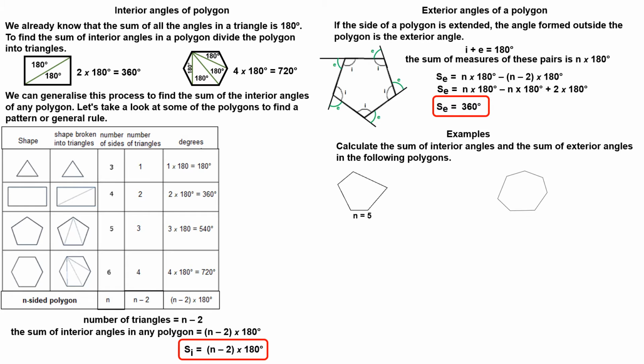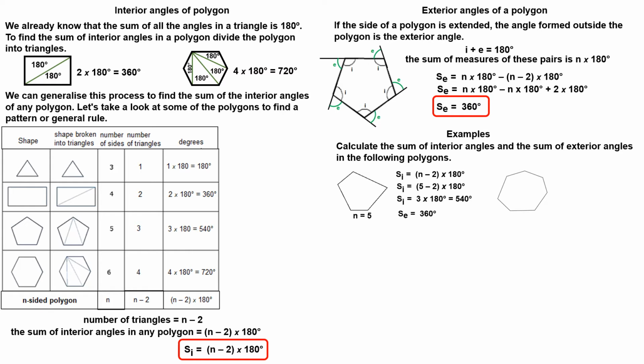Take the formula for calculating the sum of interior angles and change n by 5. The exterior angles of any polygon add up to 360 degrees.